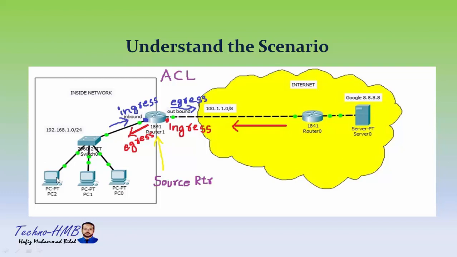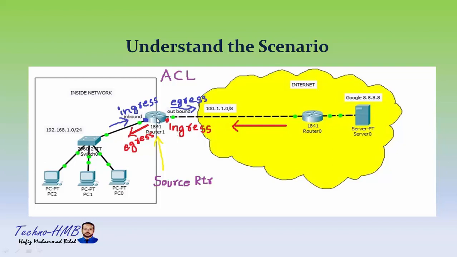In other sense, we are saying that when data is coming from inside and getting into the router, that's called the ingress port, depending on the direction of the data. And when it's being checked in the router, then it is going out to the internet, this port is called the egress port. When it's going to the internet or Google and Google responds back and the data is coming into the router, then in that case the port is called ingress.